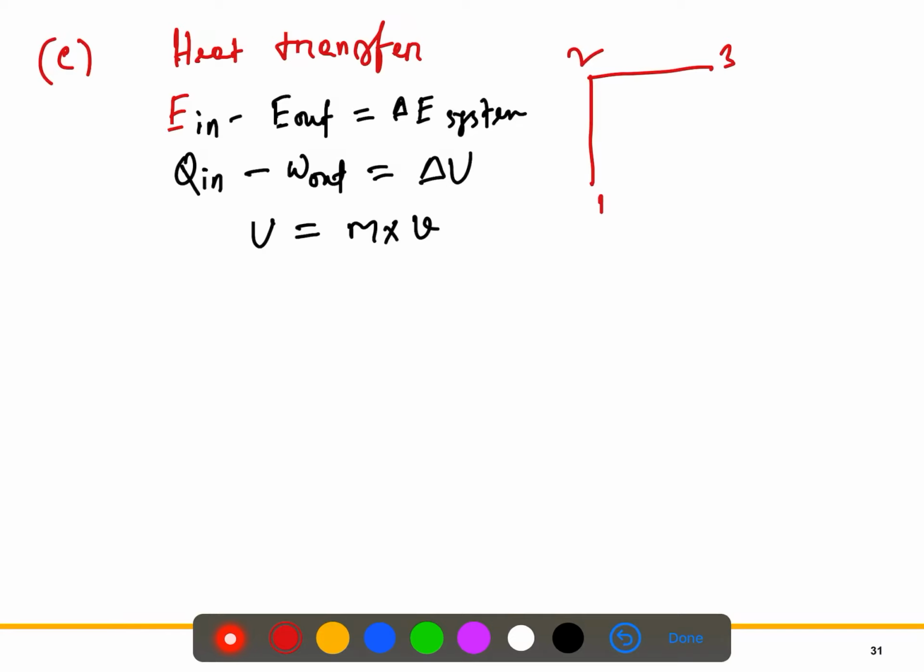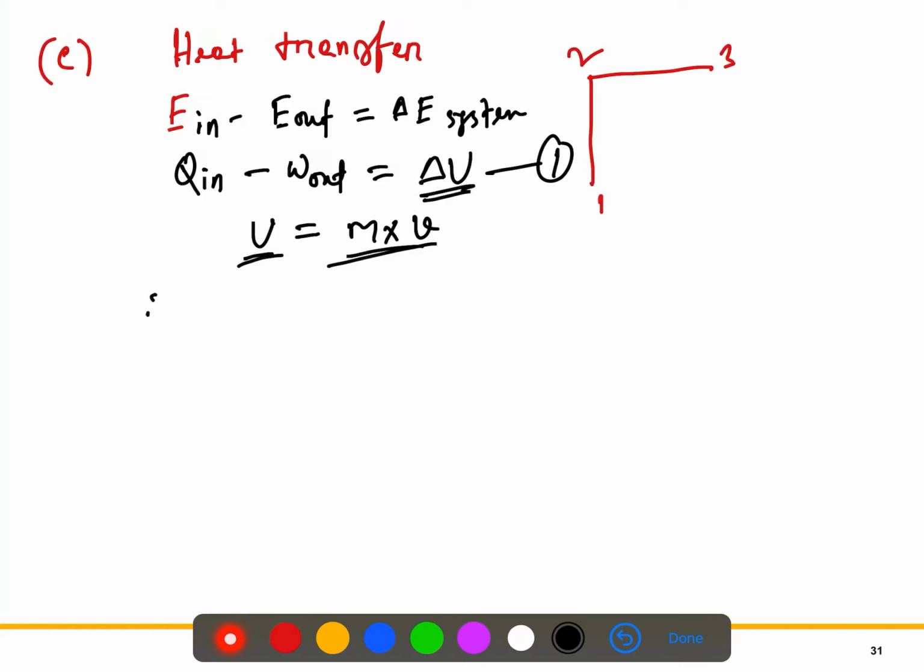So now we can write down this equation, guys. Let's say this is equation 1, so we can write it like this. And if we substitute delta U equal to m delta u, it is actually the change of the internal energy.